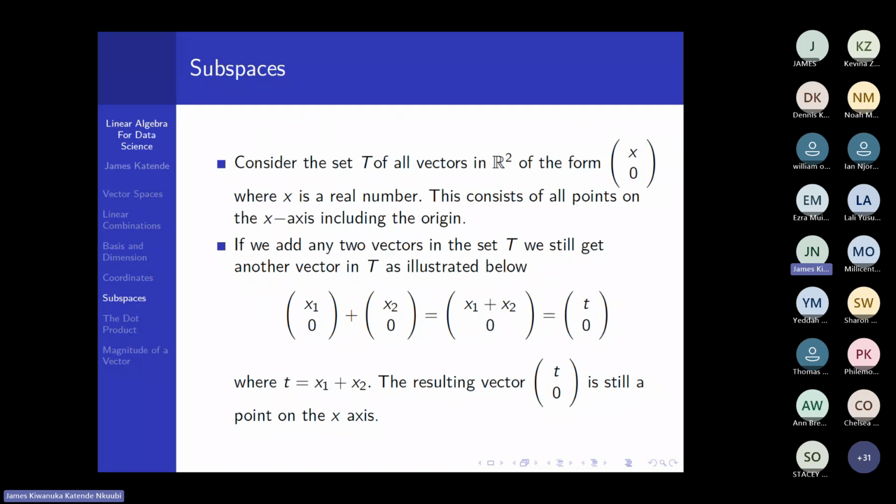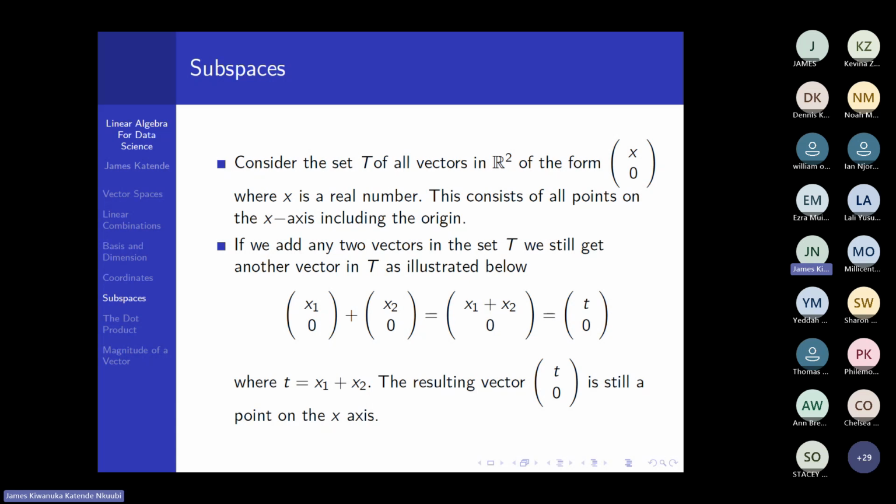So we try that with two vectors. We have one vector here and a second vector here. They're in this form. They could possibly be different vectors, so that's why we have different entries in the first slot, but essentially they must be of this form where the y coordinate is 0. If we add them, we end up with this vector.